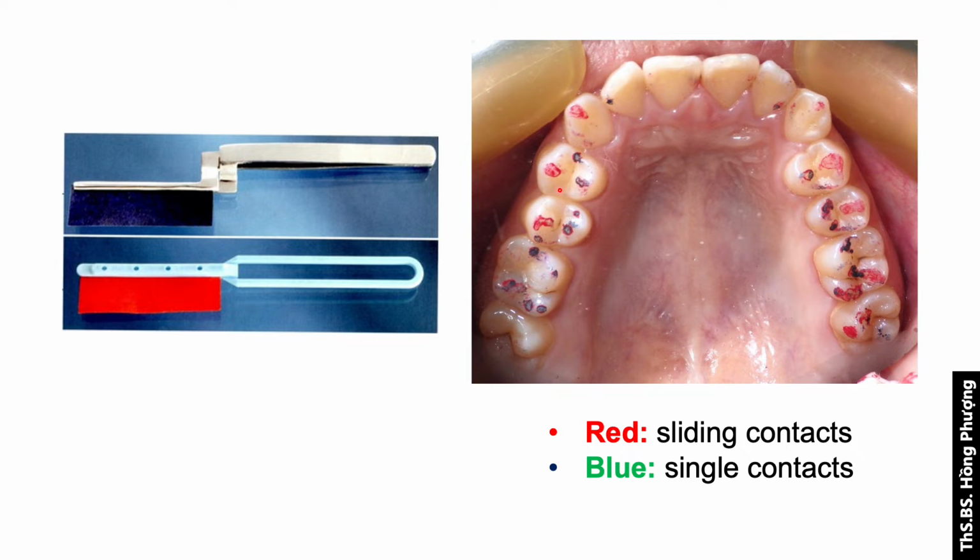This is the lateral side contact. And we can note that the sliding contact does not necessarily occur on all the teeth. Several teeth do not have it. The blue articulating paper is used to mark the single contact at the intercuspal position. They are also the endpoints of the chewing cycle.